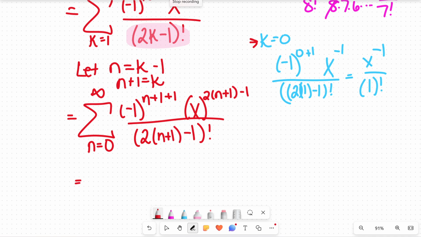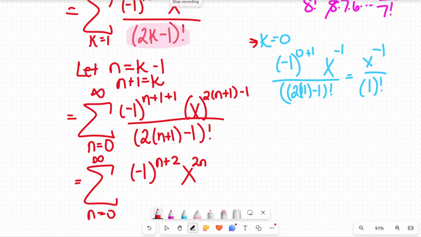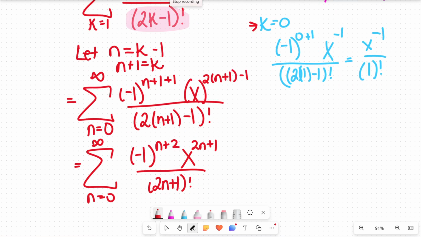Just to make this a little bit cleaner for us, n equals 0 to infinity. I'm going to have negative 1 to the n plus 2 power, x to the 2n plus 1 power, and then 2n plus 1 factorial.